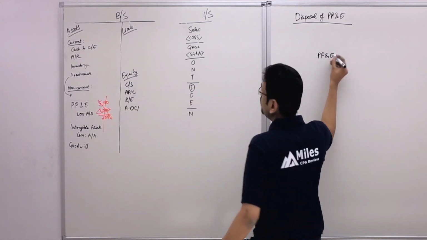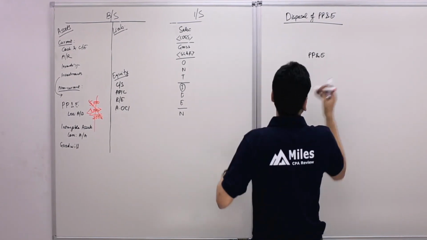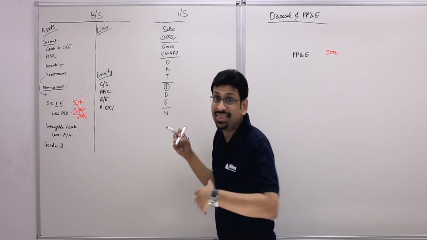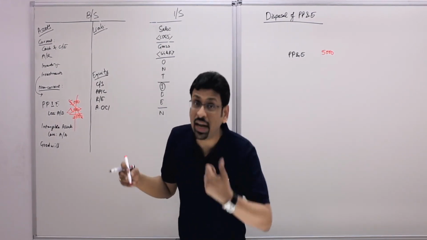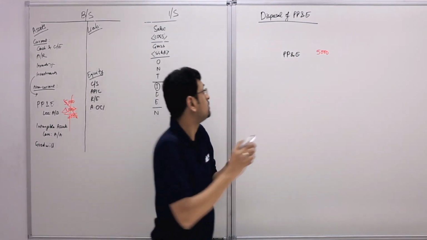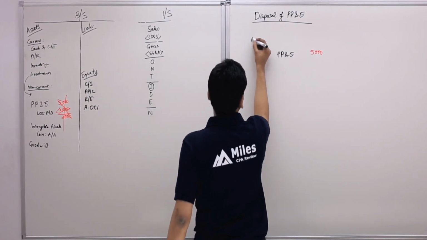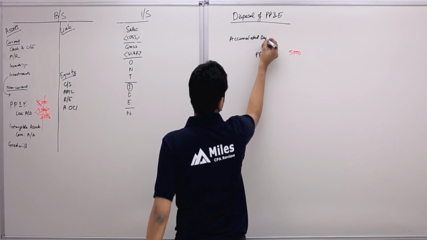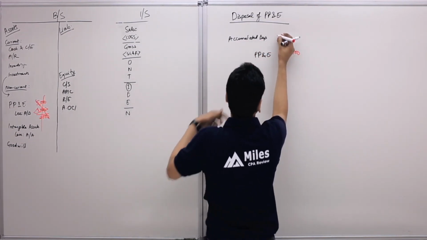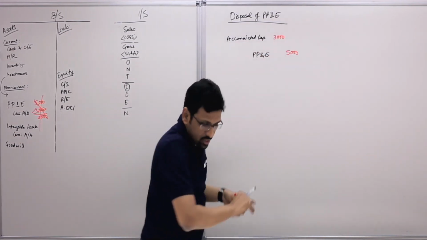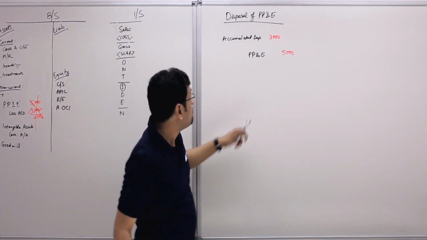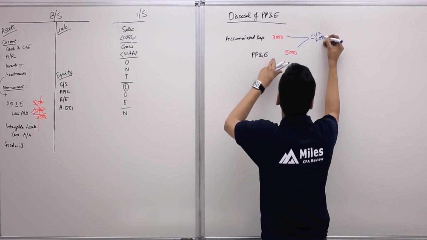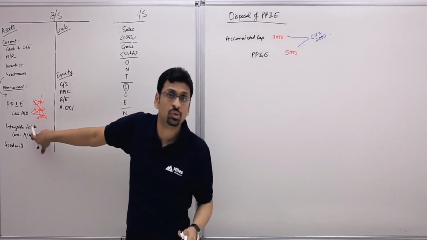So PP&E credit would be for $5,000. When I'm looking at accumulated depreciation, that's a credit number. To get it off, you're going to debit this. So guys, understand, 5,000 minus 3,000, this is your carrying value or your book value of $2,000.